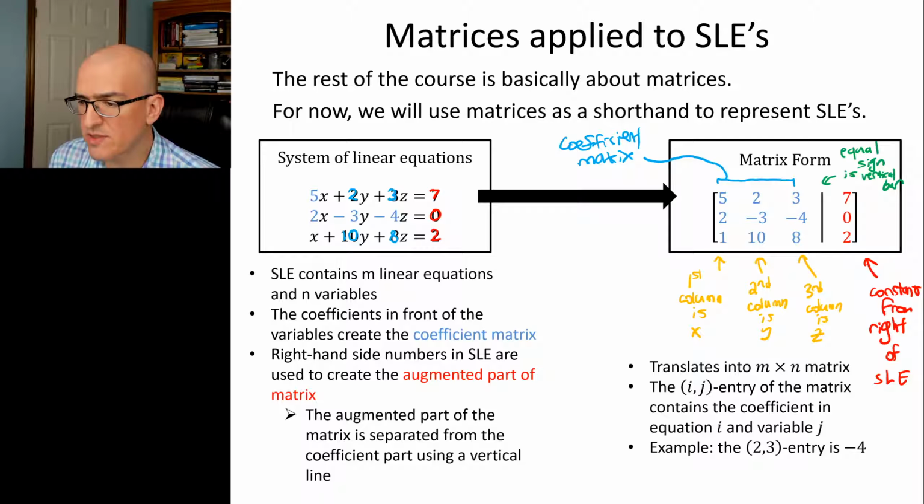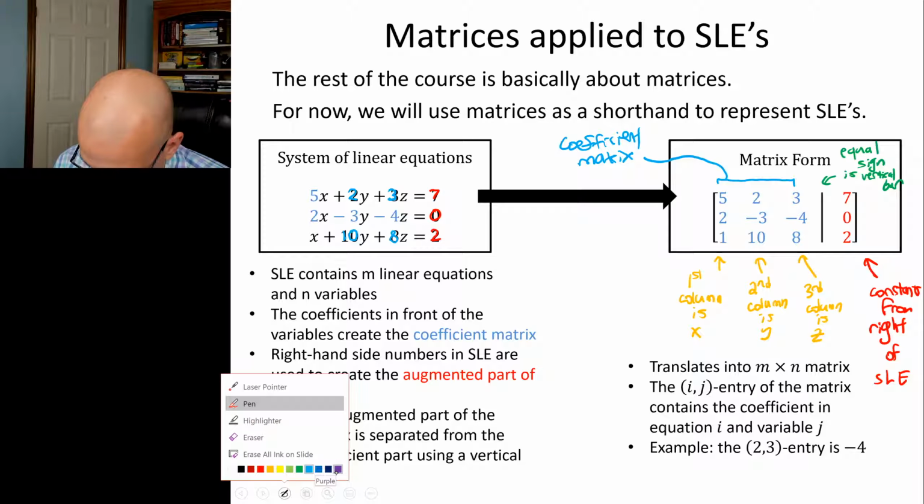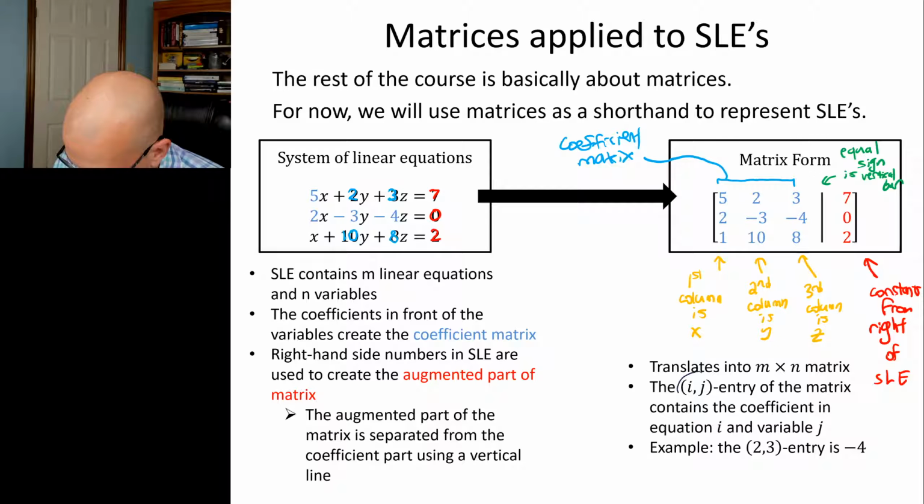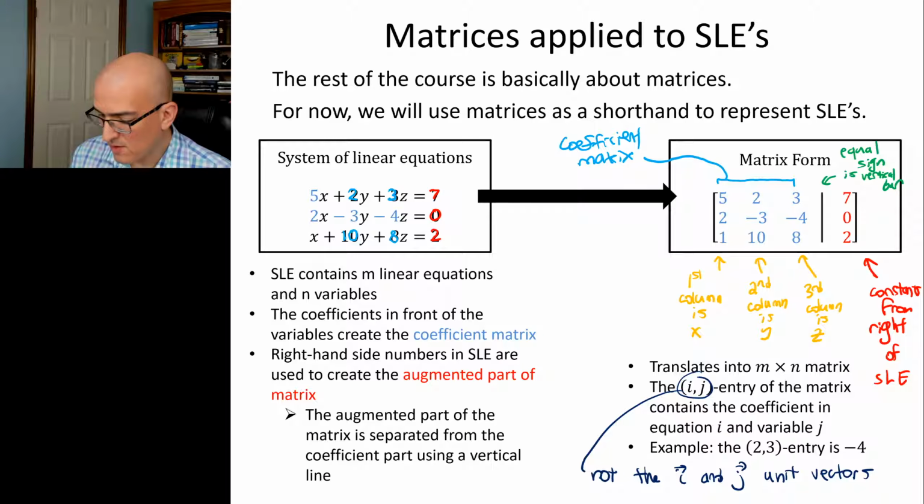You're going to see at different points in the course the i, j being used. These are not the i and j unit vectors. I want to highlight that. This time, i and j just refer to numbers.